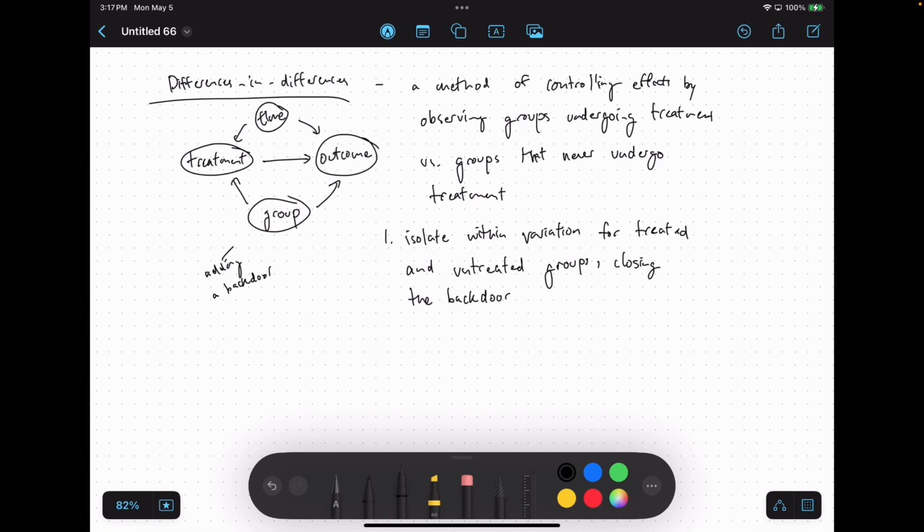And then two, compare variation for treated group to within variation in untreated group.